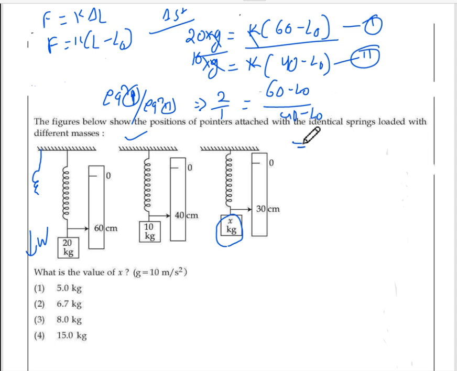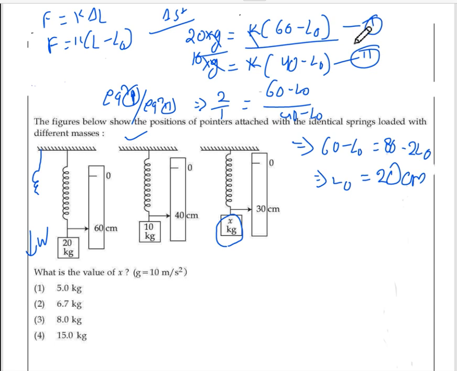Multiplying it out, 60 minus L naught equals 80 minus 2 L naught, so 2 L naught goes to that side, and L naught equals 20 centimeter.